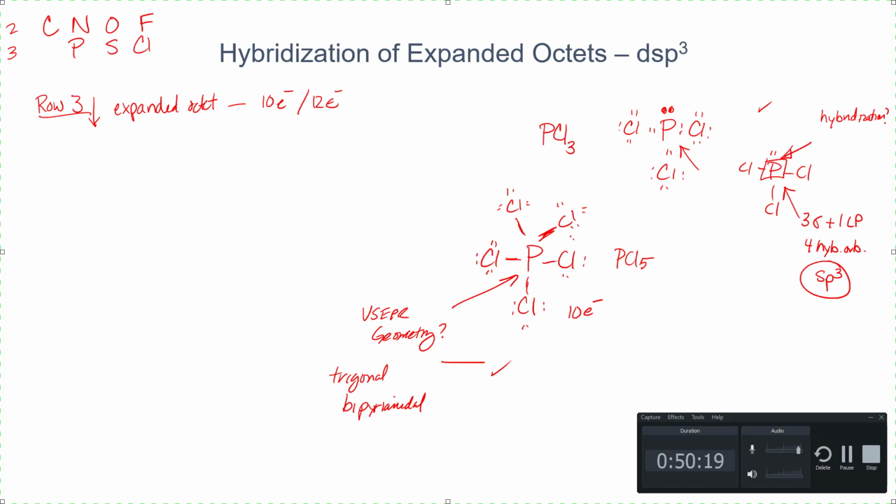What hybridization does it have? All right. For phosphorus, the valence shell, or the largest principal quantum number, would be 3. So phosphorus would look like this.